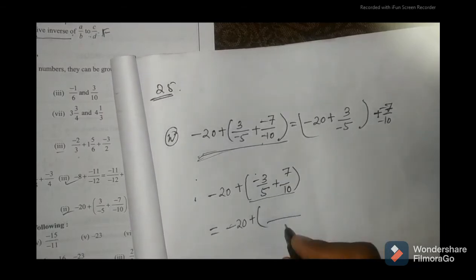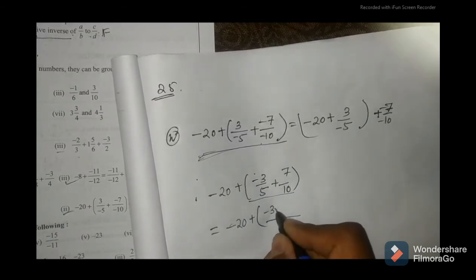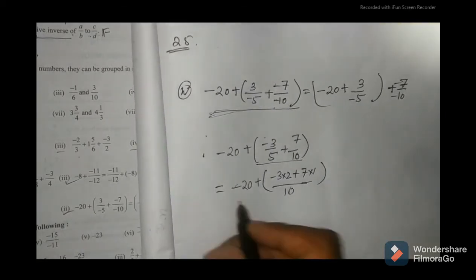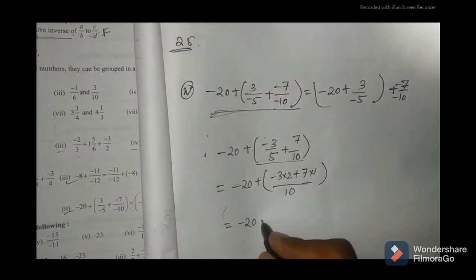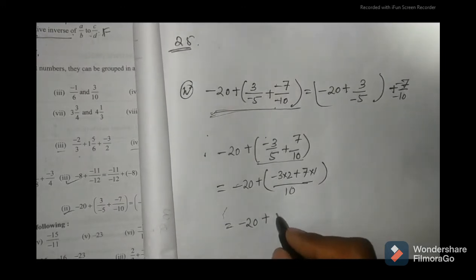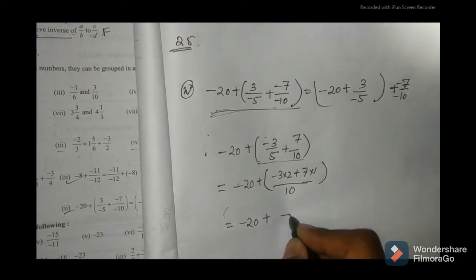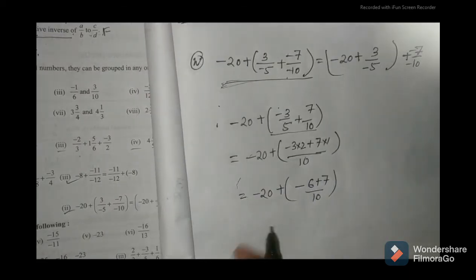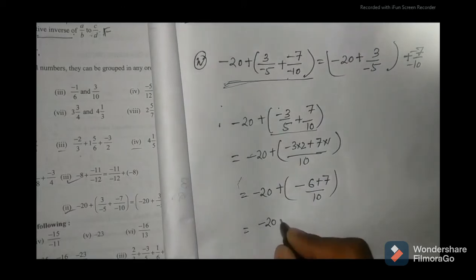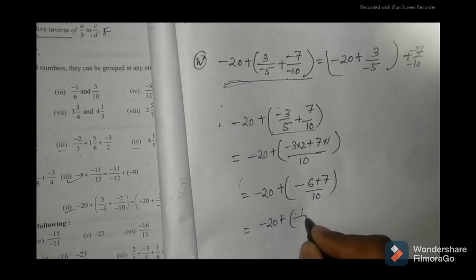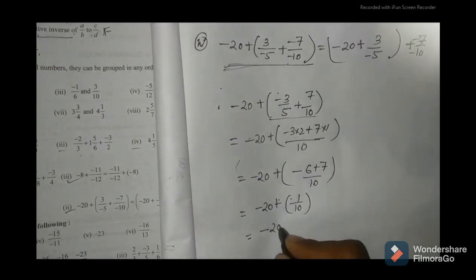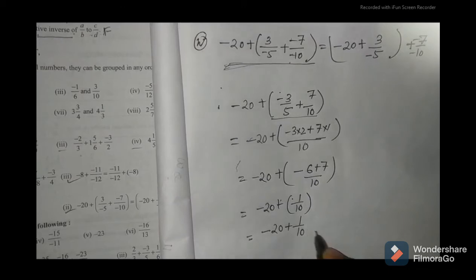LCM of 5 and 10 is 10, minus 3 into 2 plus 7 into 1 is equal to minus 20 plus minus 6 plus 7 by 10, equal to minus 20 plus 1 by 10.